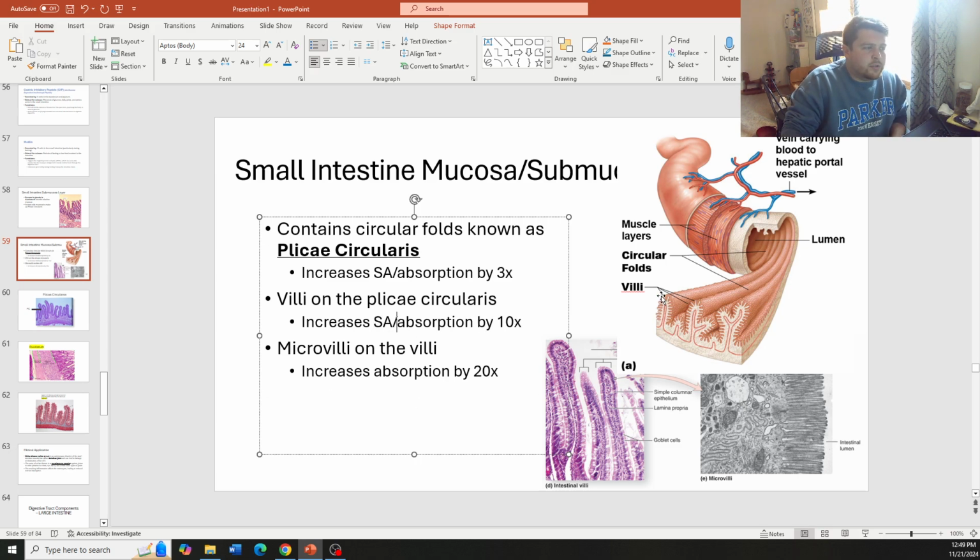On top of those plicae, we then have villi, and those villi increase the surface area even more, as well as absorption by 10 times. And then finally, the microvilli located on the villi increase absorption by another 20 times. So it's all a numbers game.